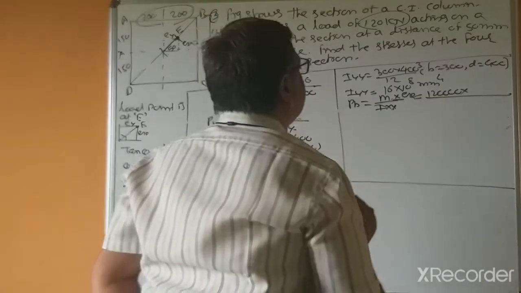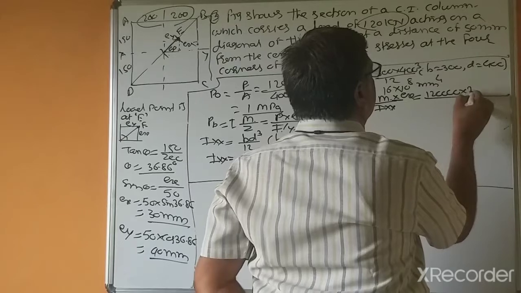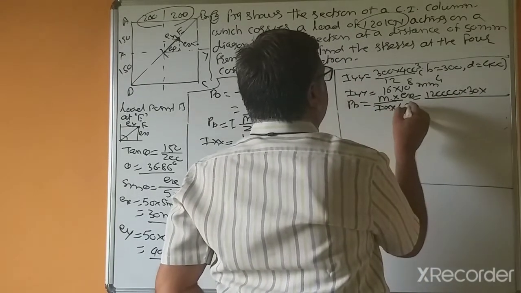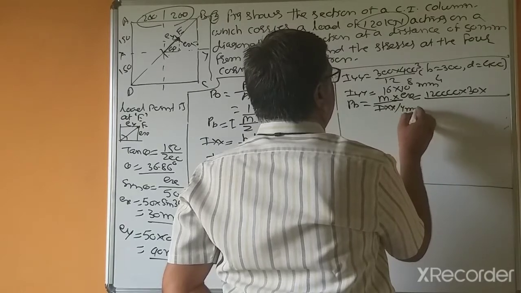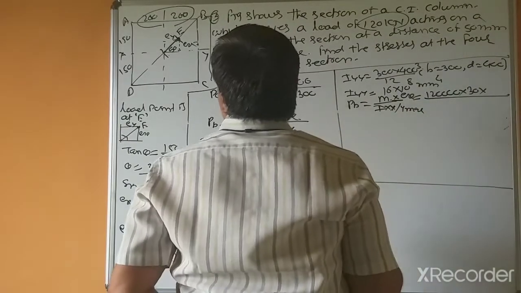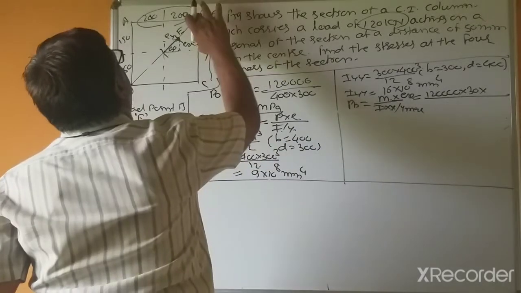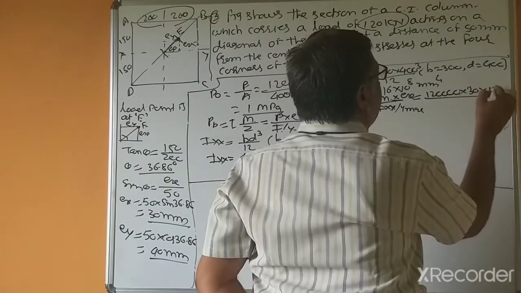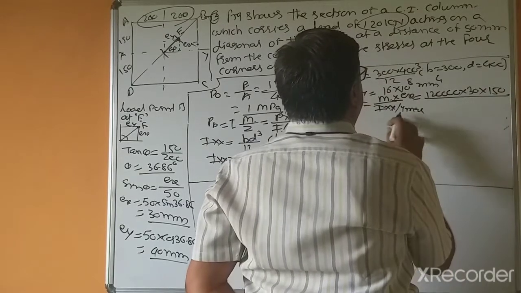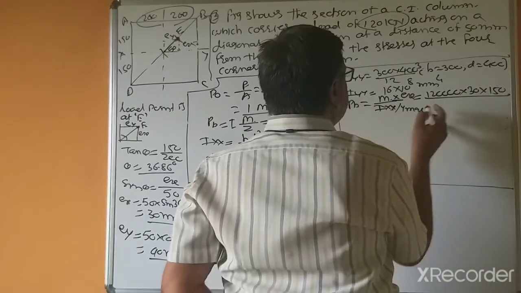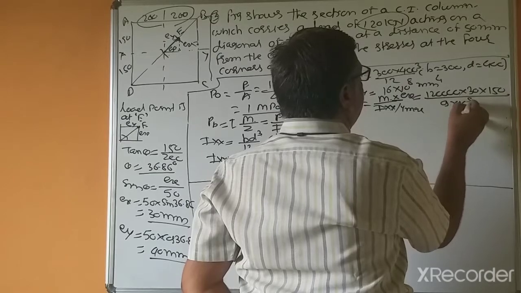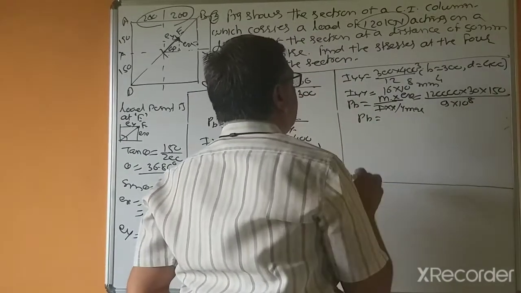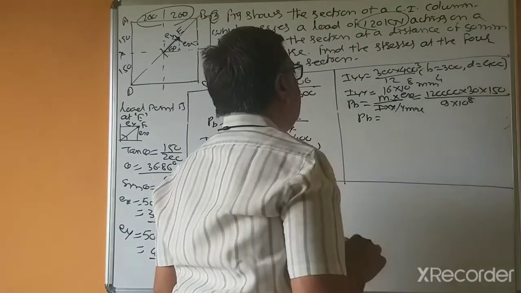Ex equal to 30, and Ymax equal to 150. That's why I am directly writing 150 here, and this is Ixx, 9 into 10 to the power 8.